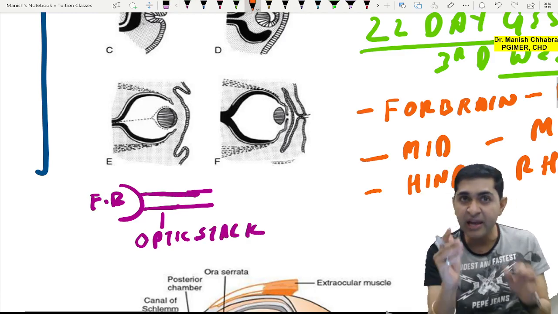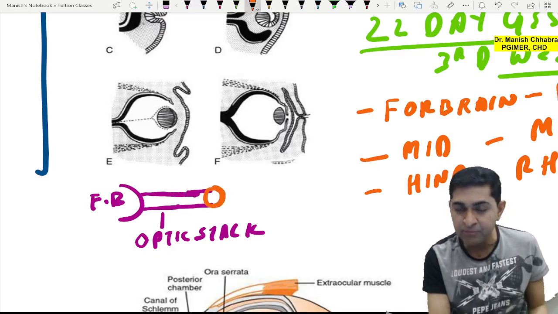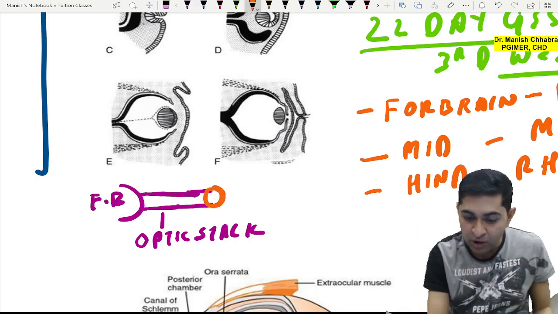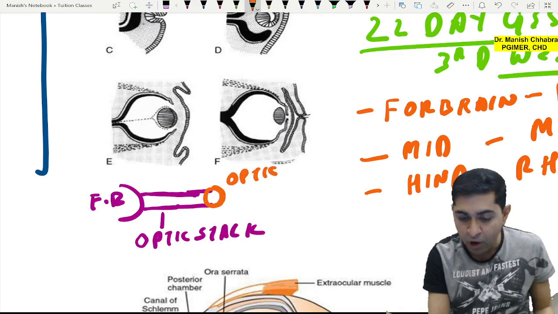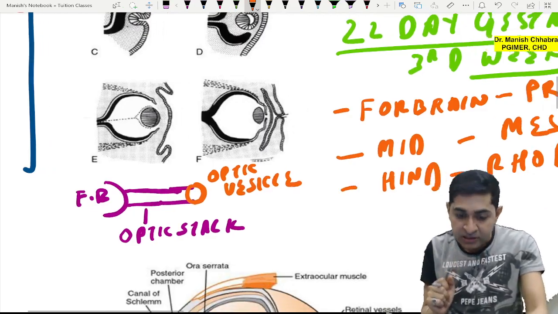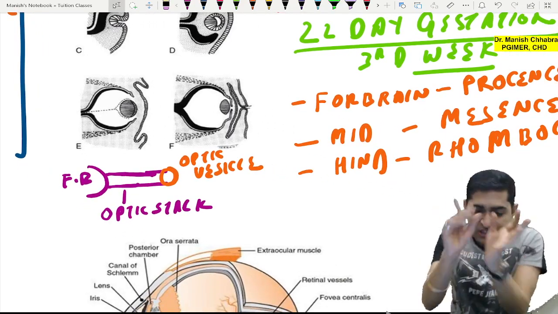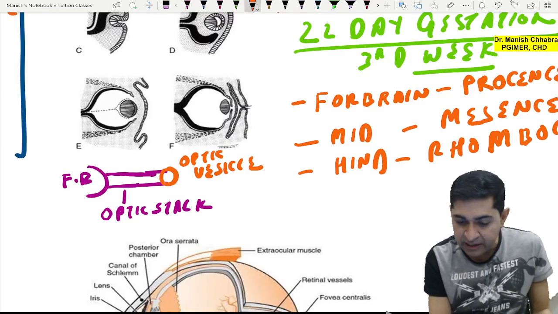Now the distal end of the optic stalk is going to transform into a bulge. You call it the optic vesicle. Okay, now this bulge is going to form a cup-like structure, so I am making it here.